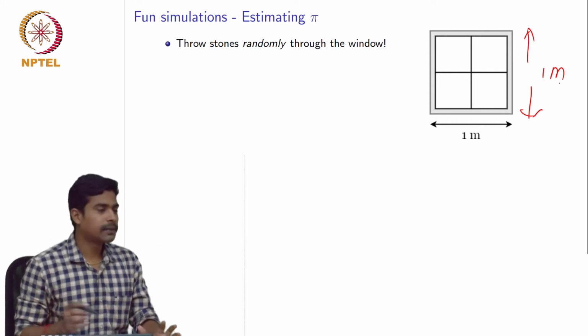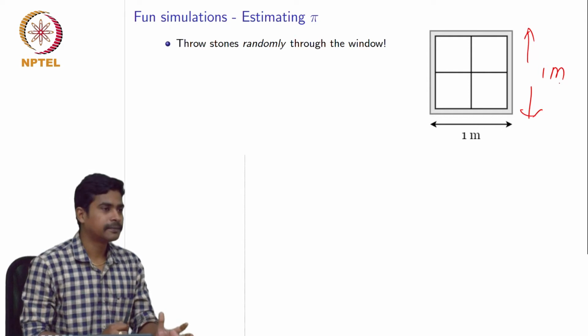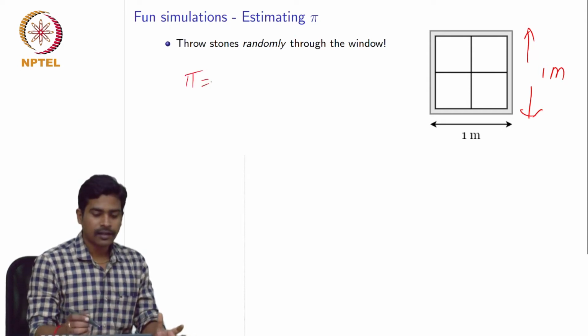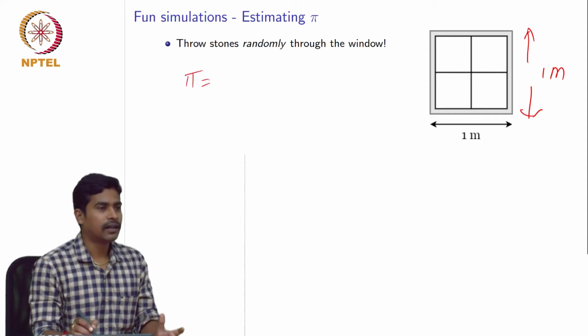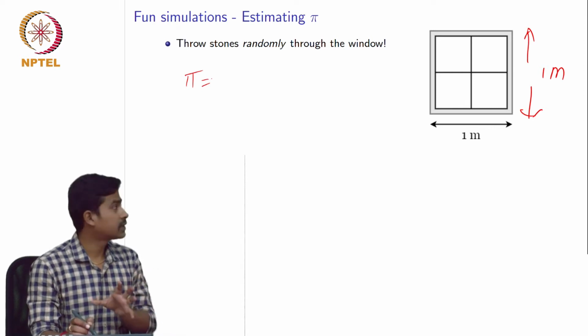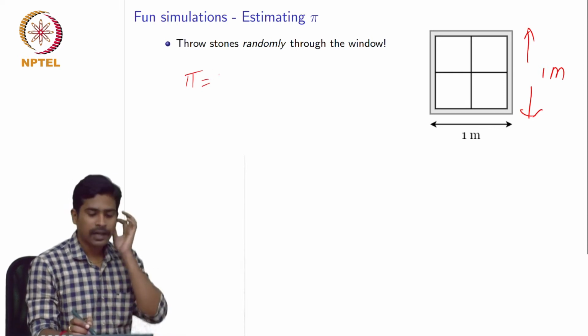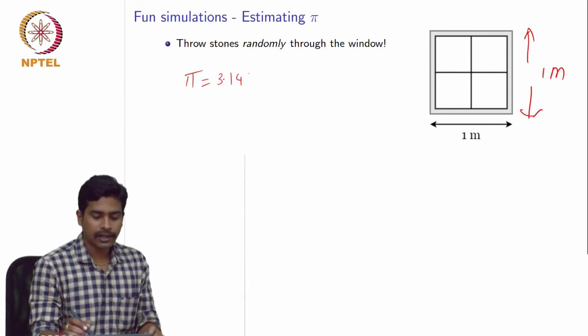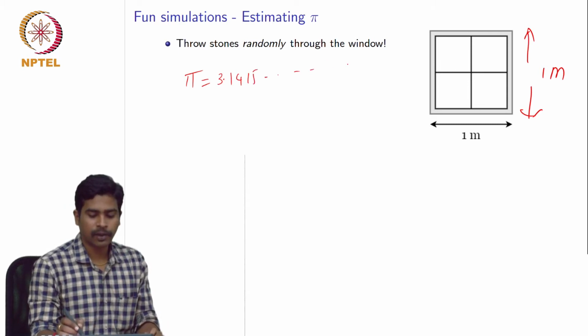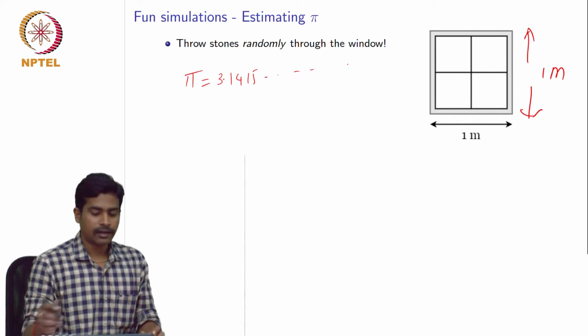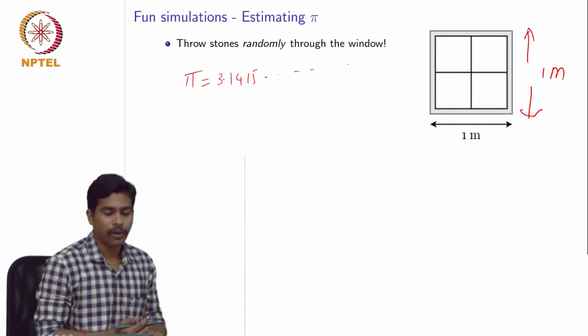So now using the simulation, how do we find the value of pi? We know pi is the ratio of a circle's circumference to its diameter, and pi is also an irrational number, and the value of pi is given by 3.1415 and a lot of decimal places.